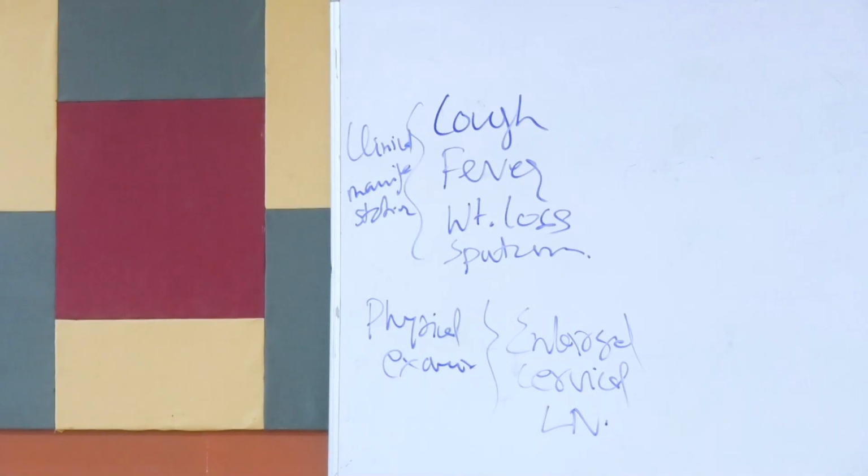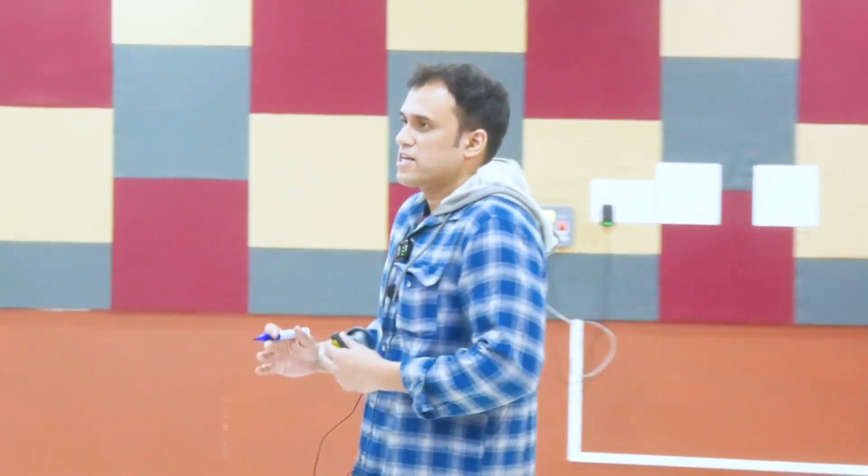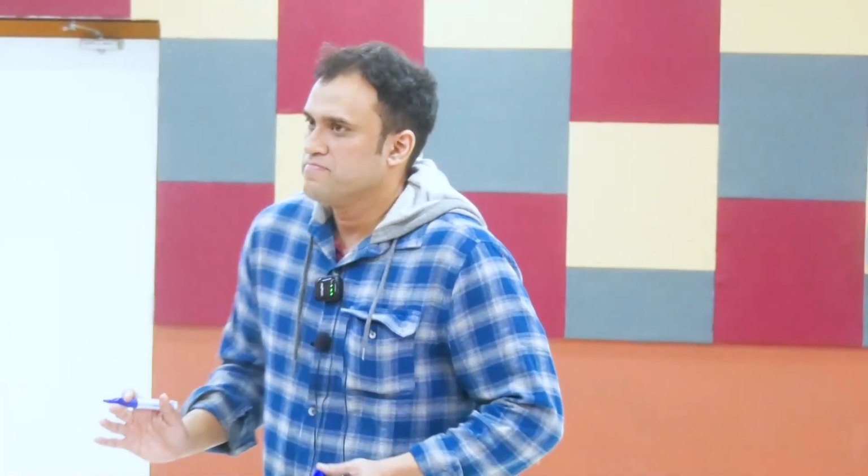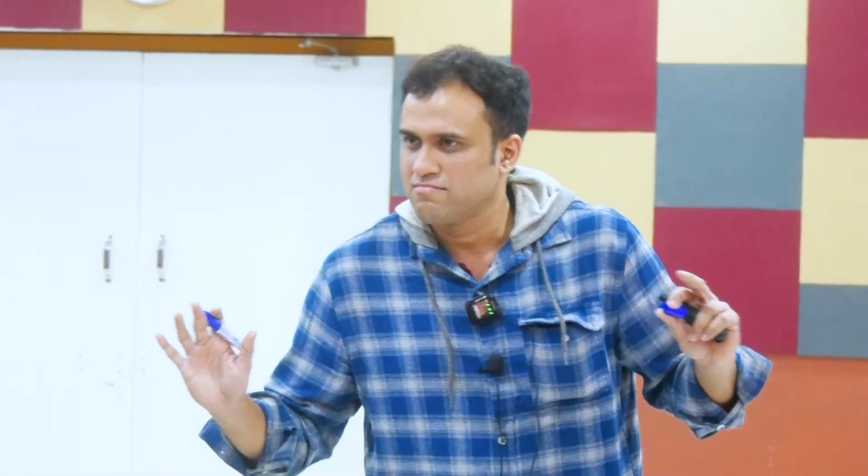A patient presents to you with cough, sputum production, fever, weight loss, evening rise of temperature. Okay, you guessed what it is. Tuberculosis, you have guessed it. Theoretically you are correct, but you need ancillary tests to confirm your diagnosis.